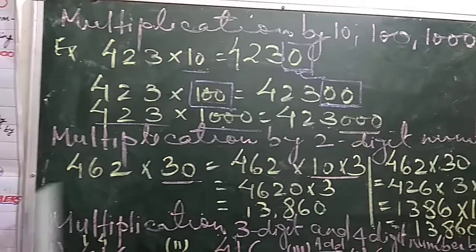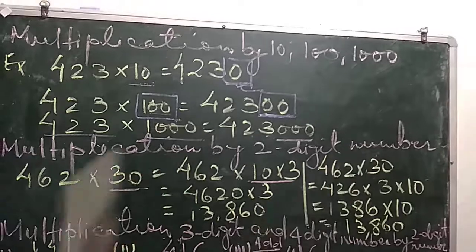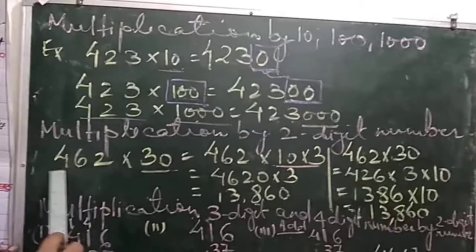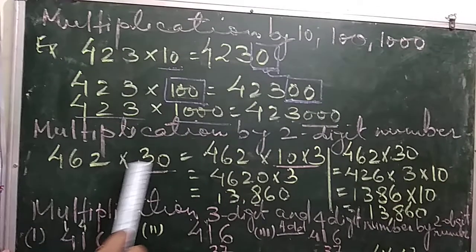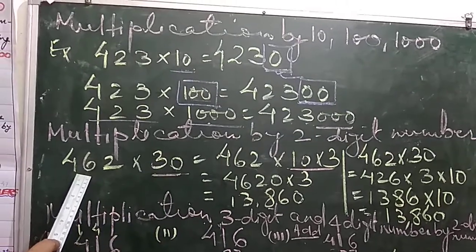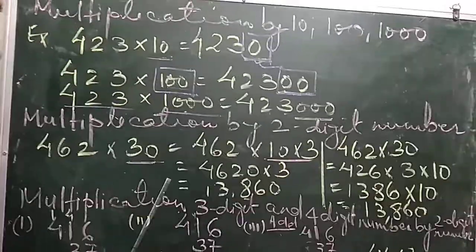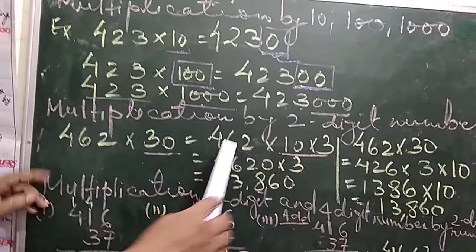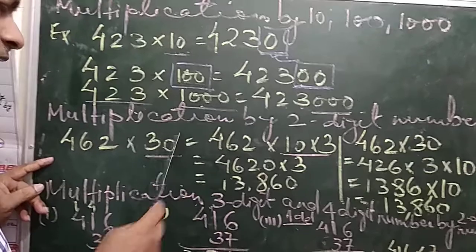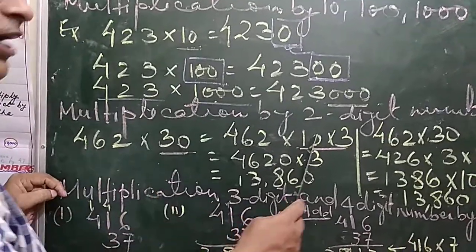Okay, so multiplication by a two-digit number. Here you can see, children, 462 into 30. Here a 2-digit number is there, and by this number we are multiplying 462. So this can be expressed as 462 into 30, and this 30 can be split. How? 10 into 3.